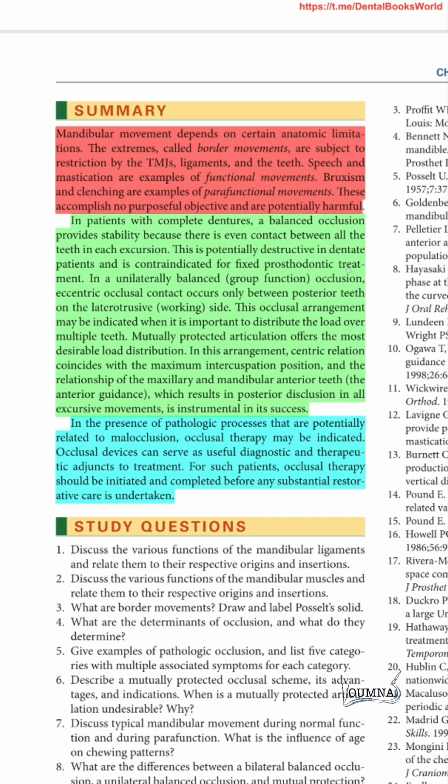On the contrary, in normal occlusion, when we do a unilateral movement, only posterior teeth on the working side are in contact.